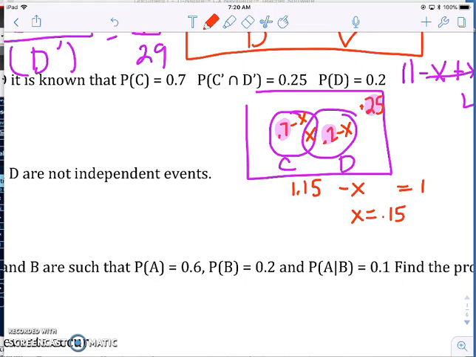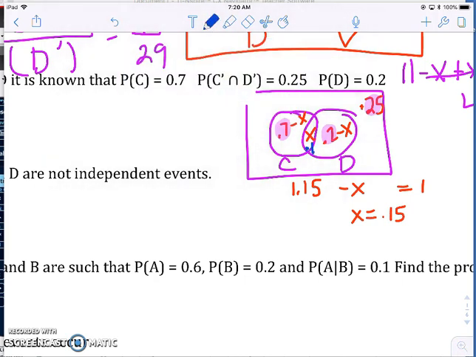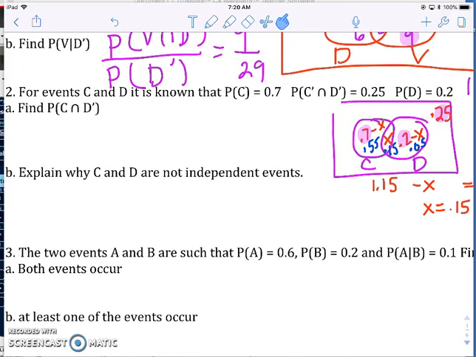So we could put that now. Let's go back here. So this is 0.15 in the middle, 0.05, and 0.55. And then the probability of C and not D. So it has to be only C. So C and not D would be right there, so that's going to be the 0.55.